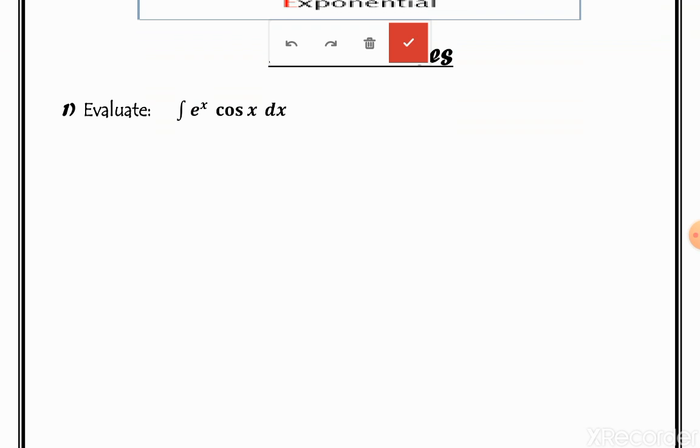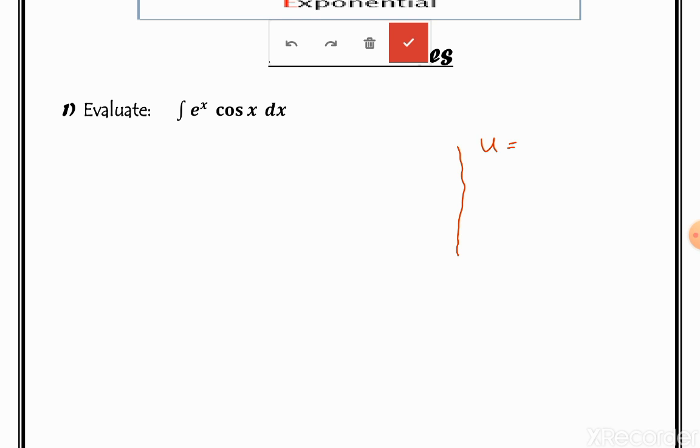The first example is to evaluate the integral of e to the power of x cosine x. First of all, we will let u equal to... what comes first, trigonometry or exponential?